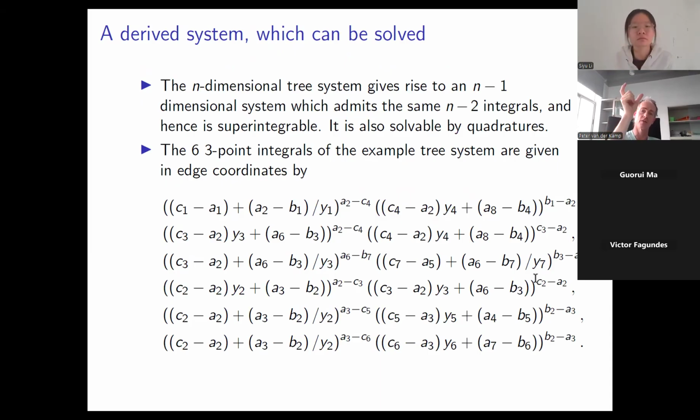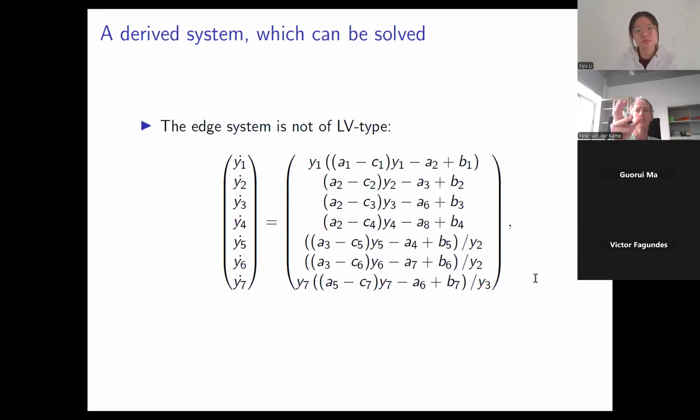So if you take, instead of the variables xi and xj, if there is an edge between them, you can look at the ratio of the two variables. And in those edge variables, the system reduces by one dimension. You still have the n-2 local integrals. And that system kind of decouples.